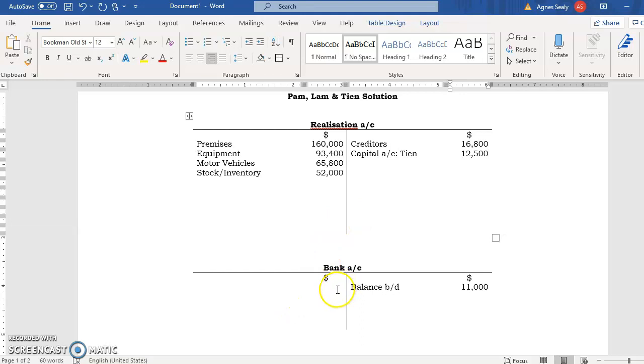In this case, we have a bank account, so we're going to debit the bank account and credit accounts receivable. And when you do that, what you're trying to do is close the accounts receivable account off the books of the partnership. So let's see how much we have to debit the bank account for, because we need to know how much money we received.